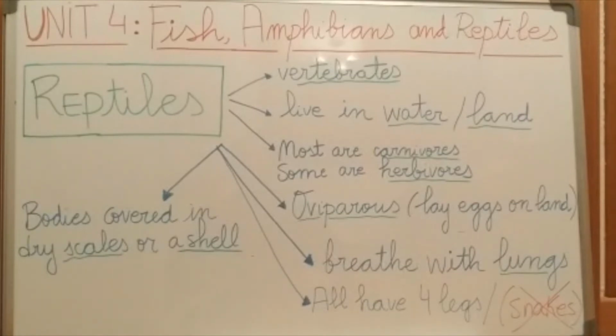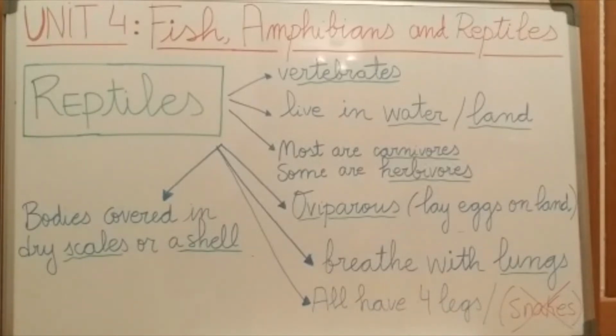Well, let's discover now everything about the last group of vertebrate animals, reptiles. What do you know about reptiles? Can you tell me any example of reptile animals? Okay, let's start. The first thing that you have to know about reptiles is that all of them are vertebrates, okay?